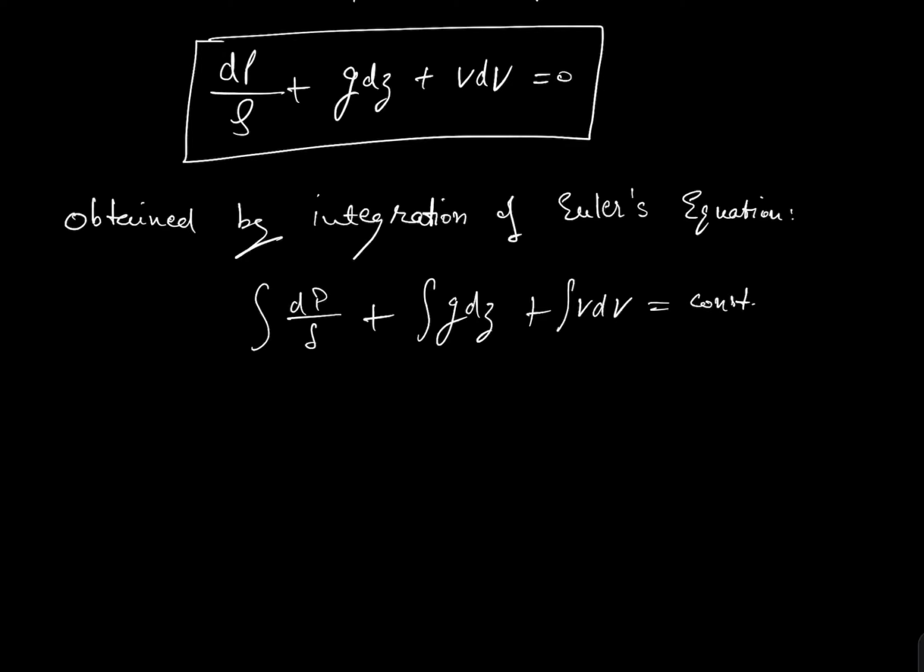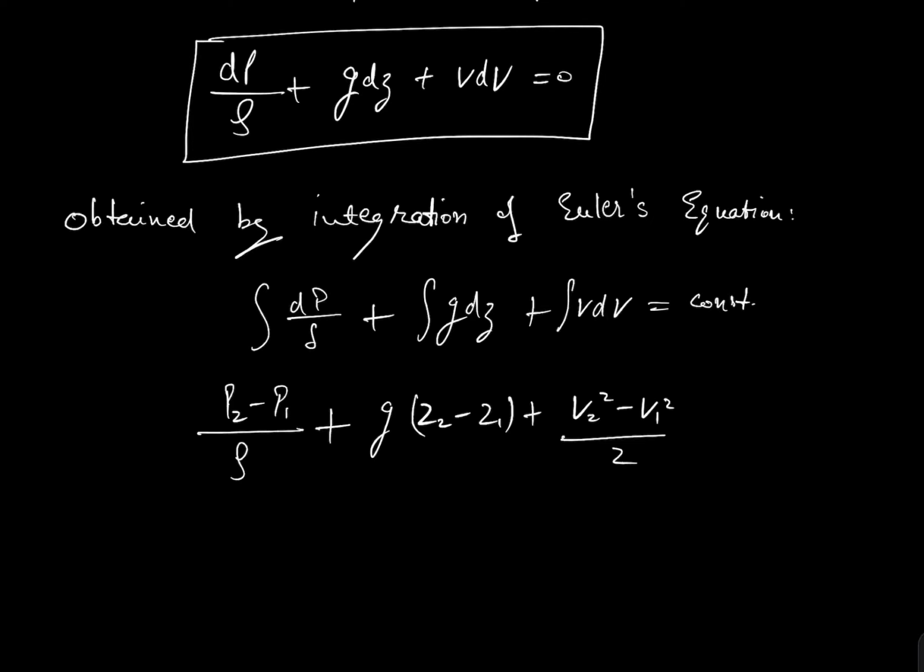The solution of this equation will give me my Bernoulli's equation. We can write it as (p2 minus p1) upon rho plus g(z2 minus z1) plus (v2 square minus v1 square) by 2 is equal to 0.